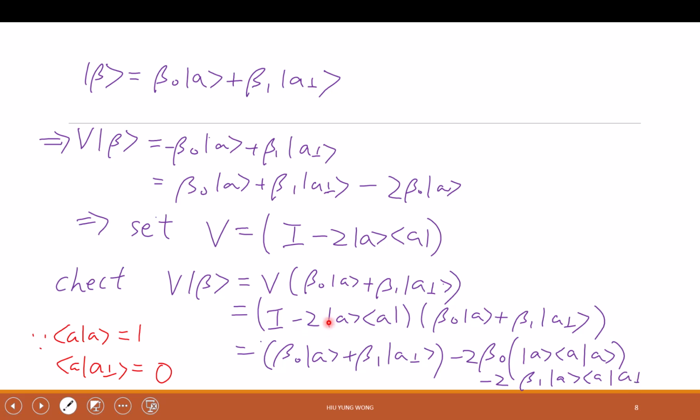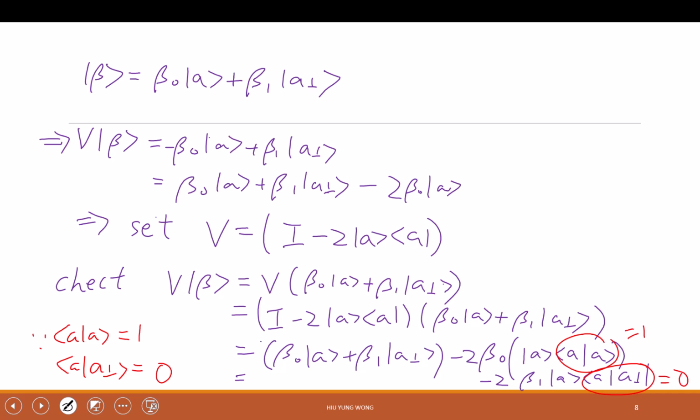I know it's confusing, but look at this. This term times this term is negative 2 beta 0, and then A outer product A inner product, times A, right? So this one gives me 1. And for the second term, negative A outer product times beta 1, I have negative 2 beta 1, and then A outer product times A perpendicular. This one equals 1, but this one equals 0.